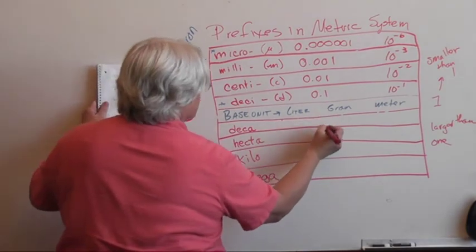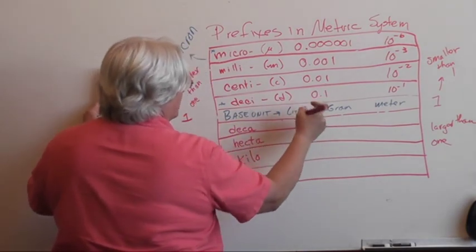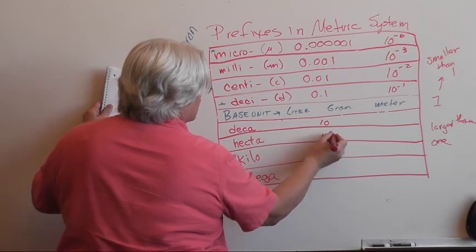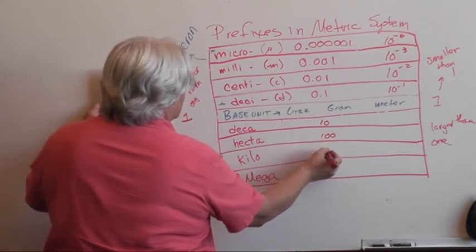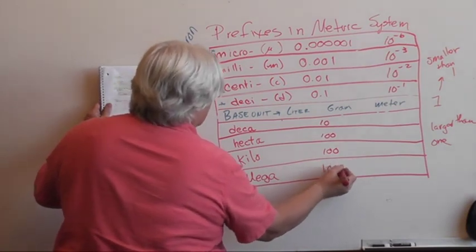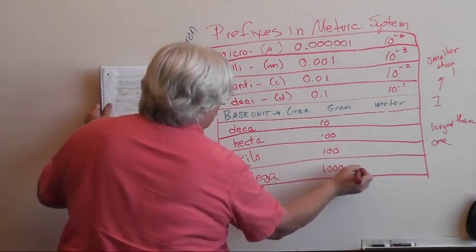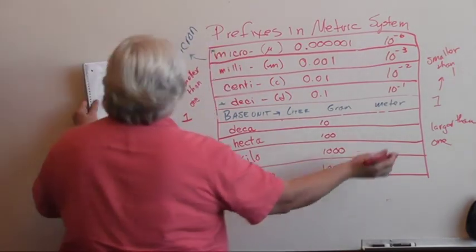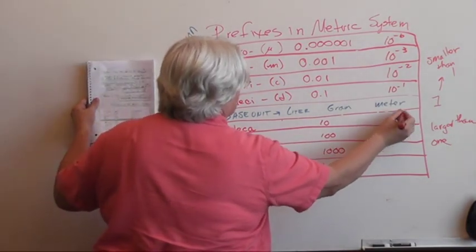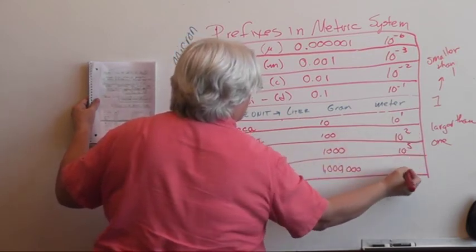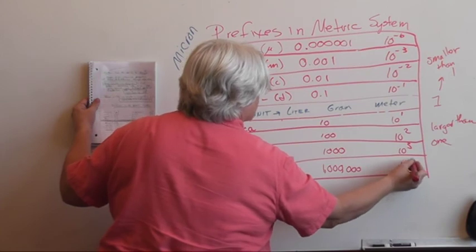So if deci is 1/10, what do you think deca is going to be? 10. Hecta is 100. Kilo is 1,000. Mega is 1,000,000 times. And 10 is 10 to the first, 100 is 10 to the second, 1,000 is 10 to the third, 1,000,000 is 10 to the sixth.